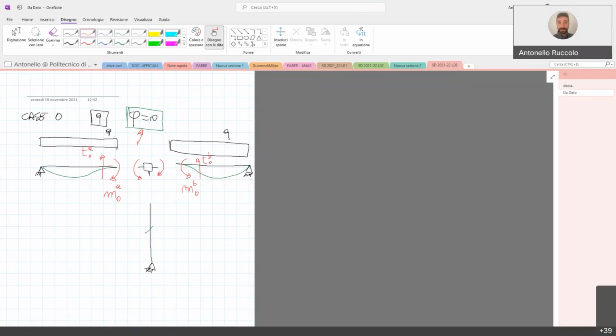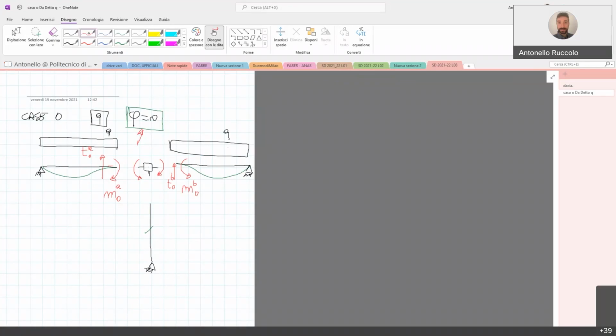Okay, so we expect that the reaction of the node, so it's as if it is external reaction in the beam, in the node B. Sorry, I should draw it here. This is the shear force applied in the beam when the beam is undergoing this load.